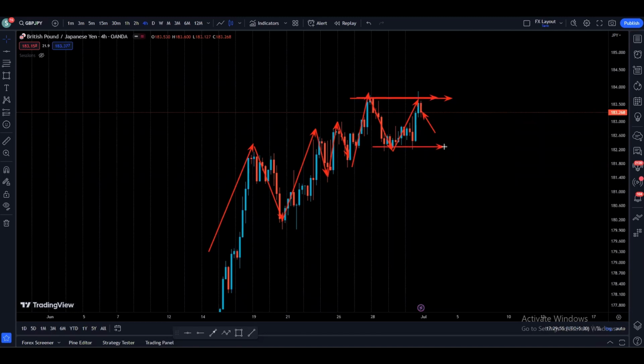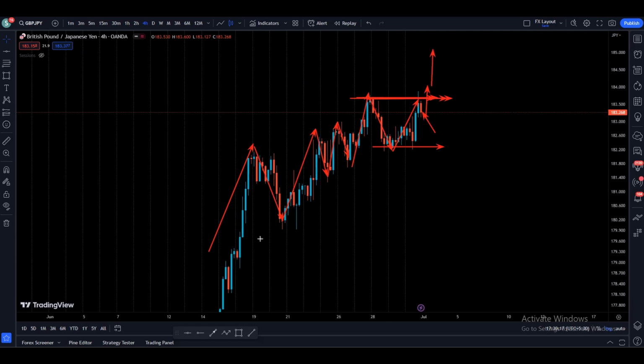Now, as we saw on the daily and the weekly, there is a potential for the pullback, although we are pretty much bullish on those time frames. So now on the 4-hour time frame, we have this resistance. If we get a 4-hour candle close above this resistance, there is going to be a higher probability for the price to come up to the next resistance, by looking on the left hand side.